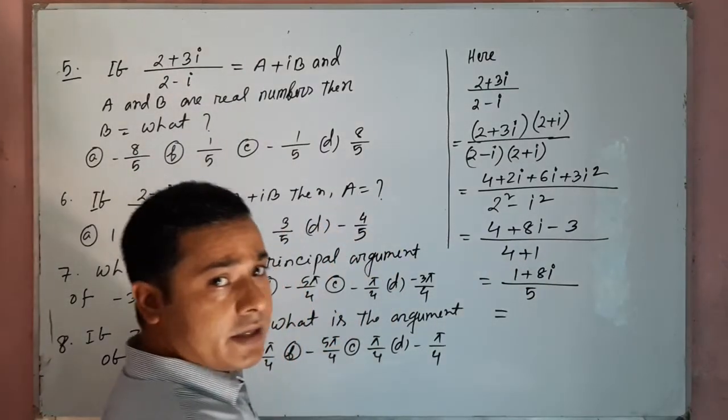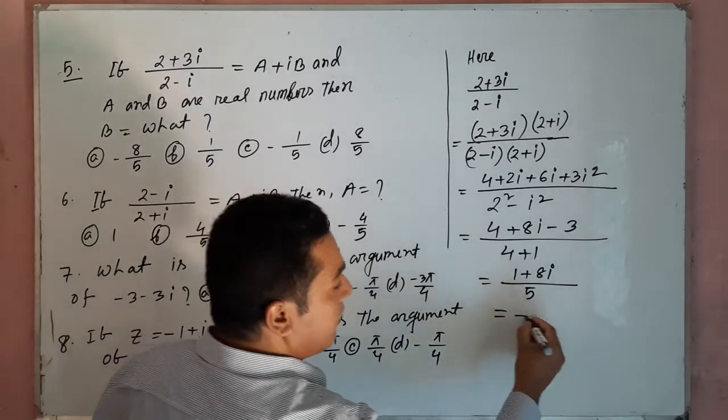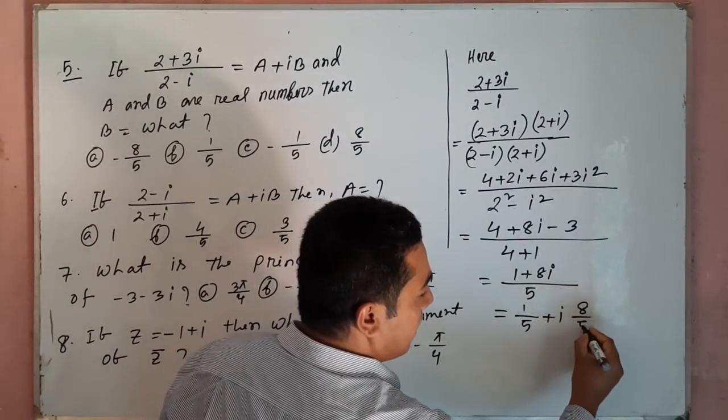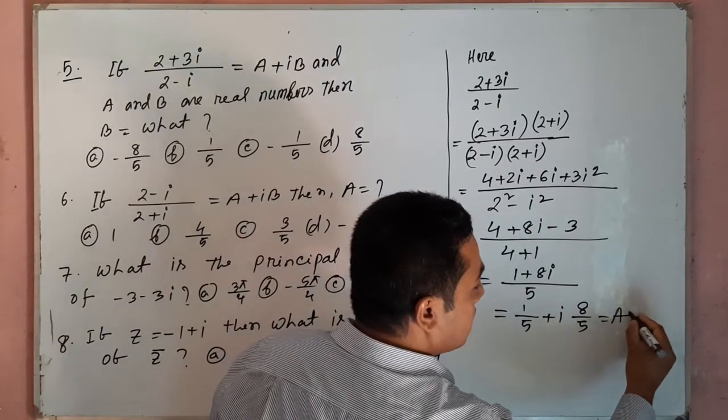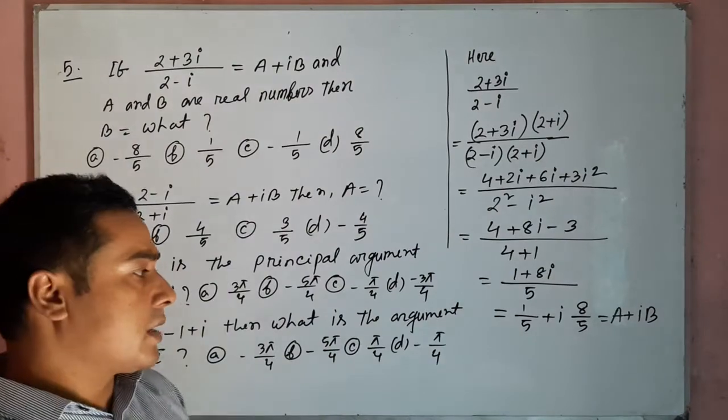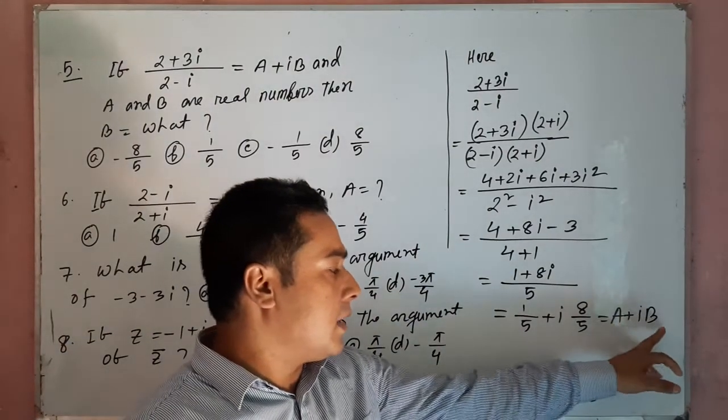And we can write it as 1 by 5 plus i of 8 by 5, which is in the form of a plus ib.